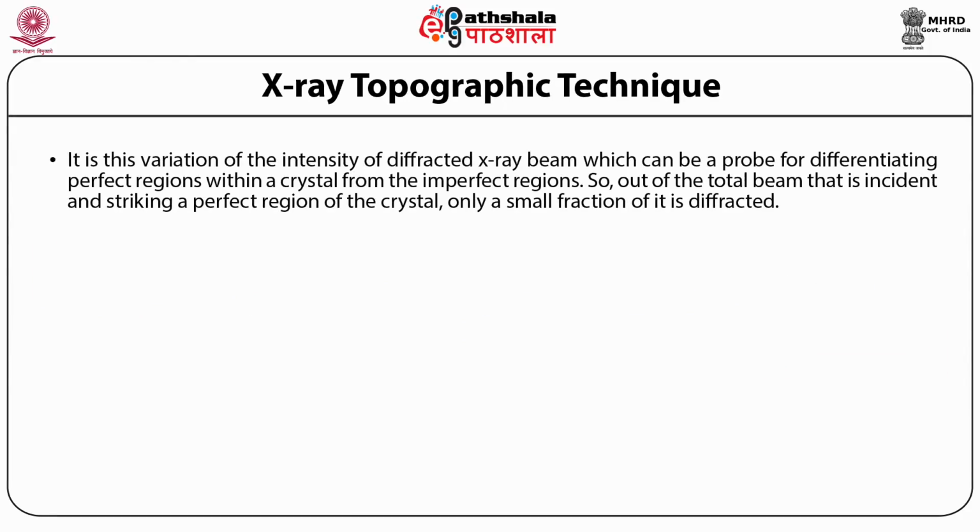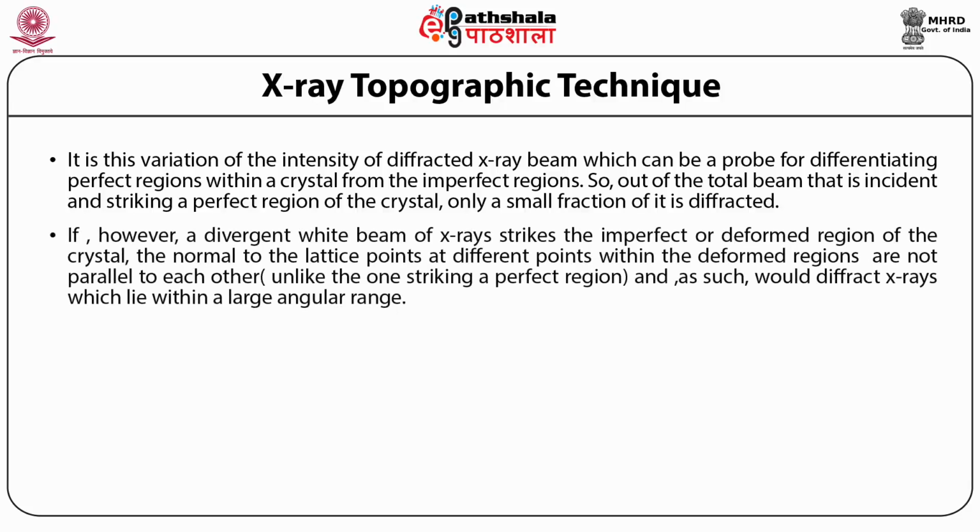It is this variation of the intensity of the diffracted X-ray beam which can be a probe for differentiating perfect regions within a crystal from the imperfect regions. So, out of the total beam that is incident and striking a perfect region of the crystal, only a small fraction of it is diffracted.